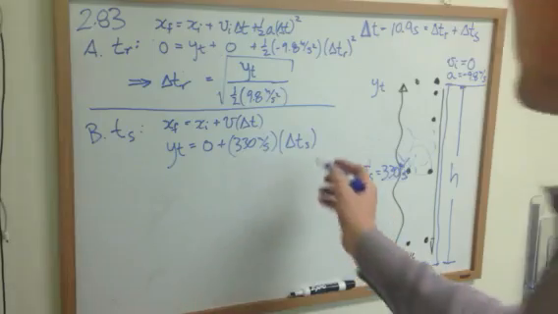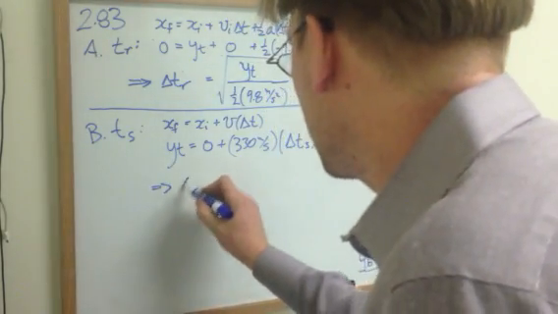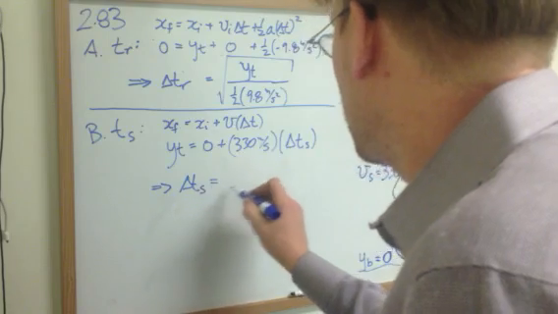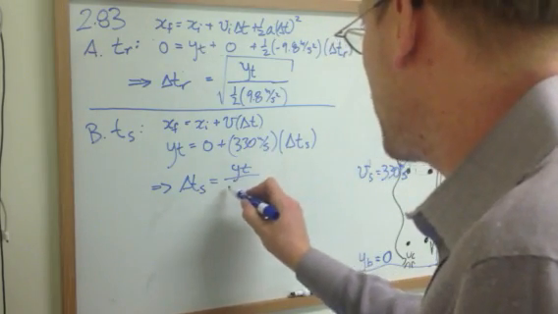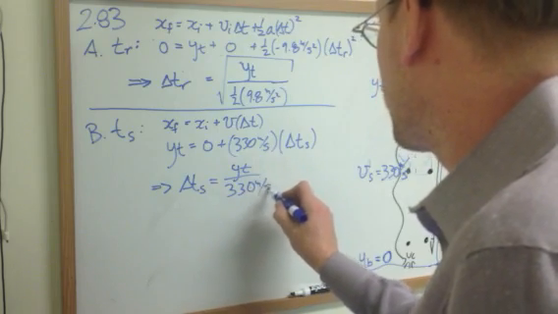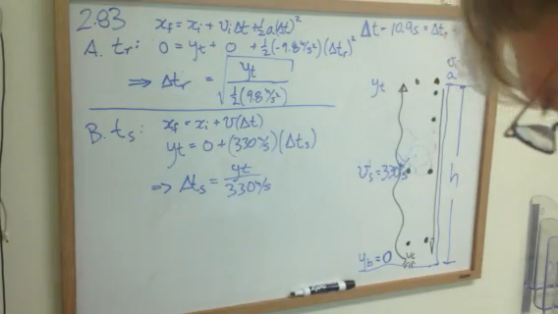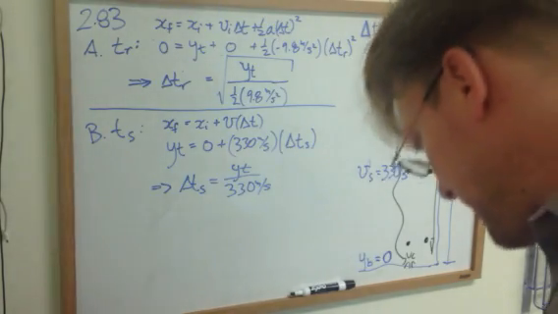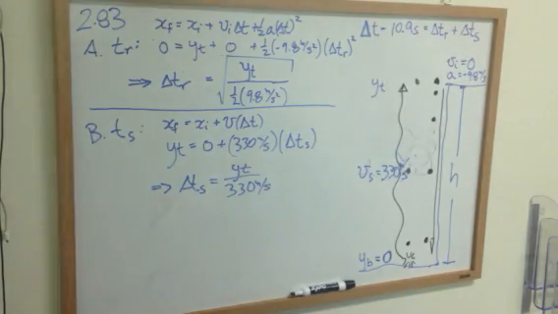Trying to find that. And now you can easily isolate for the sound. Delta t sound is equal to y top, which we don't know yet, divided by 330 meters per second. Okay, we have 2 mini expressions for our times, neither of which we can solve. We're going to bring these together and solve in the next video.